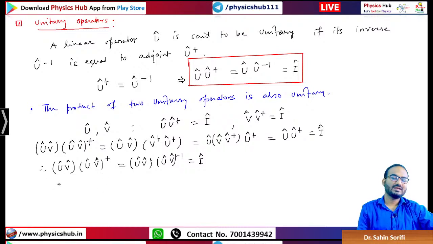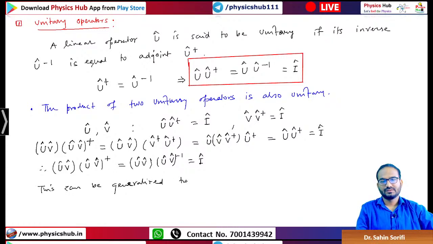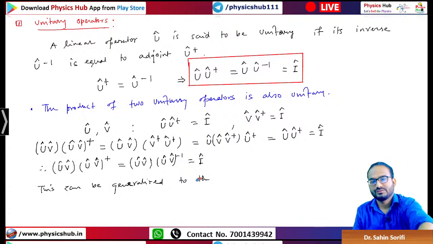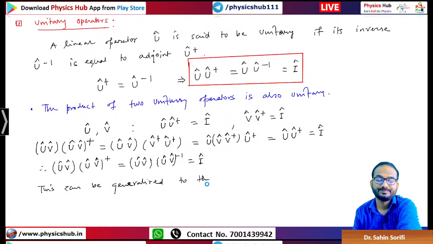Now this result can also be generalized. It is not about only two operators. If you have more than two operators, then this result will also be valid. So this can be generalized to the product of any number of operators.